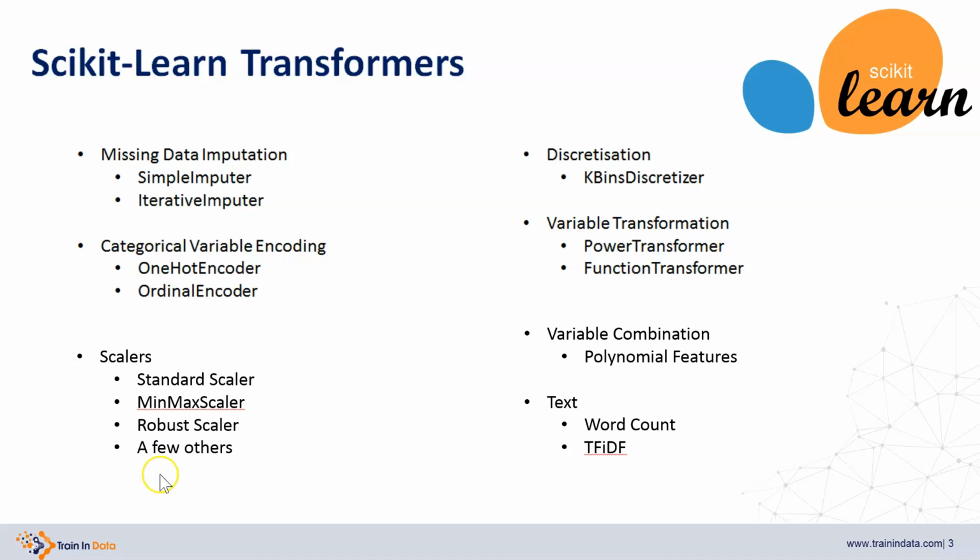It has a variety of transformers to scale the features in different ways, like for example applying standardization, or scaling to the mean and maximum value, or scaling with the median and the interquartile ranges, among others. It has a class to perform discretization. This is to sort the values of the variables in contiguous intervals, and this one can apply discretization into equal width, equal frequency, or k-bins, and it can also transform the variables mathematically with the power transformer or the function transformer. It can combine features with polynomial expansion, and it can also extract features from text.